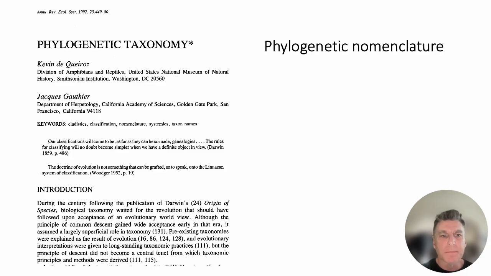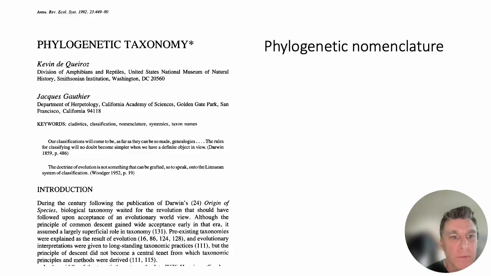And well, let's actually just read this section quickly. So, during the century following the publication of Darwin's Origin of Species, biological taxonomy waited for the revolution that should have followed upon acceptance of an evolutionary worldview. Although the principle of common descent gained wide acceptance early in the era, it assumed a largely superficial role in taxonomy.